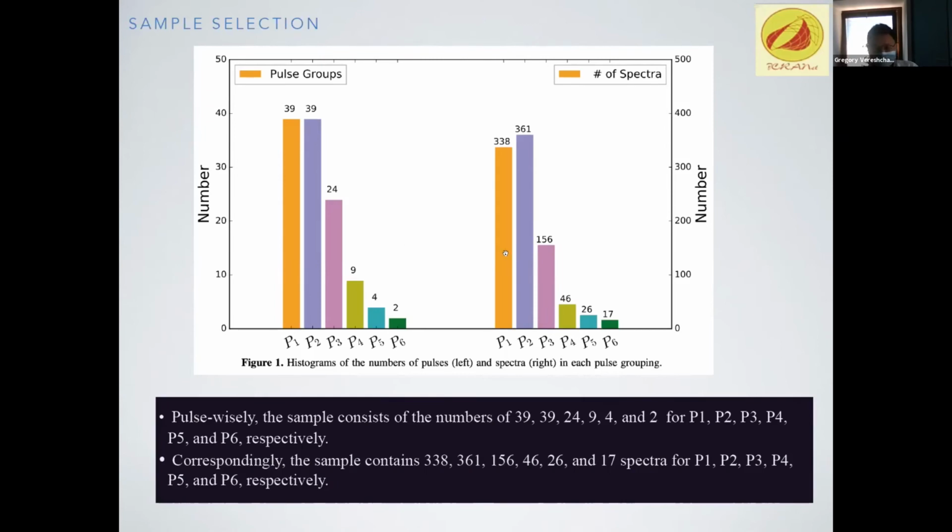The right panel shows the number of spectra for each pulse position.